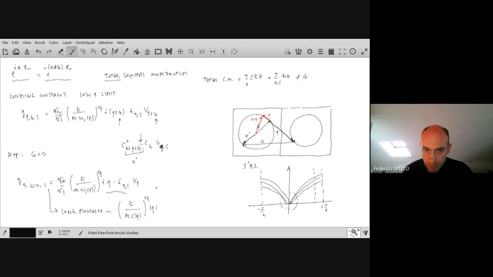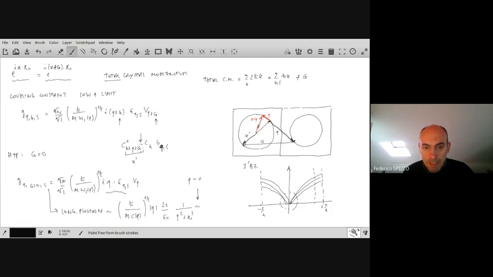So if we write the Fourier transform of that, we have Ze divided by epsilon 0, and then we have 1 divided by Q squared plus K0 squared. So in the Q close to 0 limit, we may neglect this Q squared with respect to K0 squared.